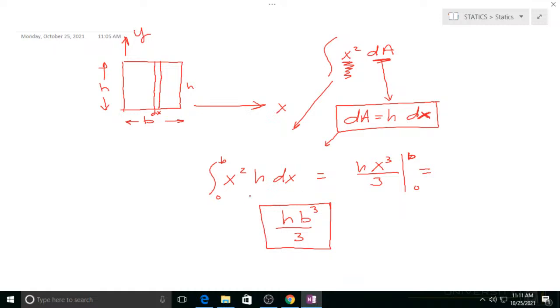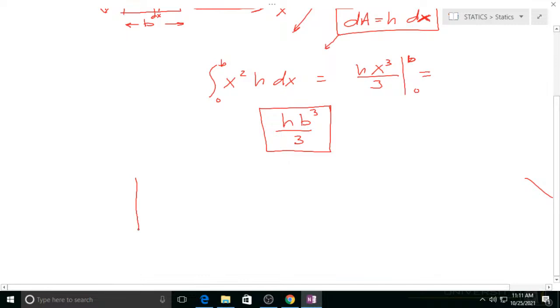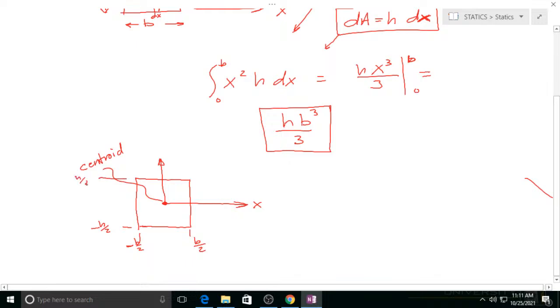What we're going to do is do the problem again, recognizing that the centroid sits right in the middle, and we're going to put a coordinate system here. This time, this will be minus b over 2, and then b over 2, minus h over 2, and then to h over 2.